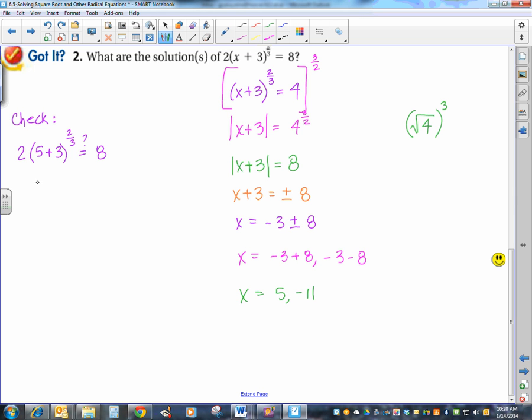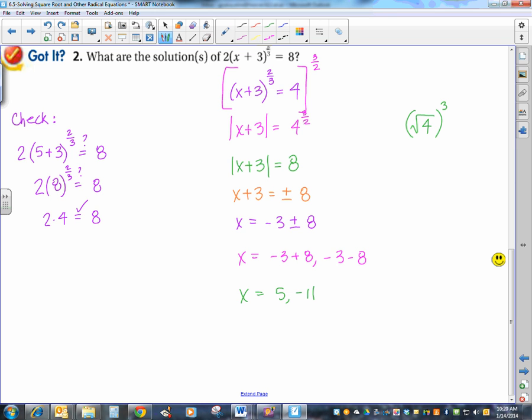Okay, so that is 2 times 8 to the 2/3. Okay, does that equal 8? So that says the cube root of 8. The cube root of 8 is 2. 2 squared is 4. So 2 times 4, does that equal 8? And yes, it does. So that one works.